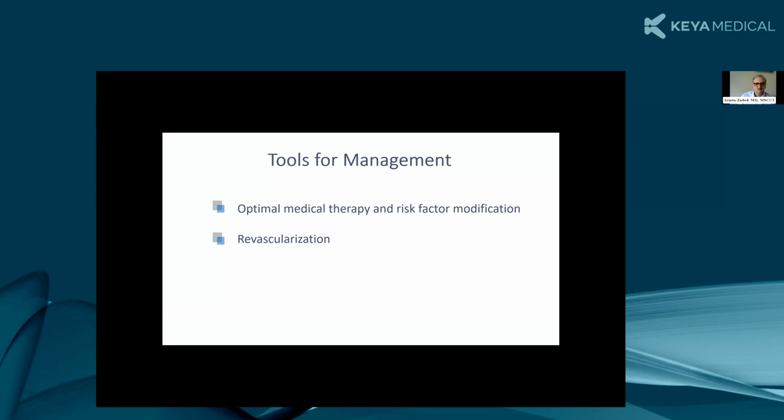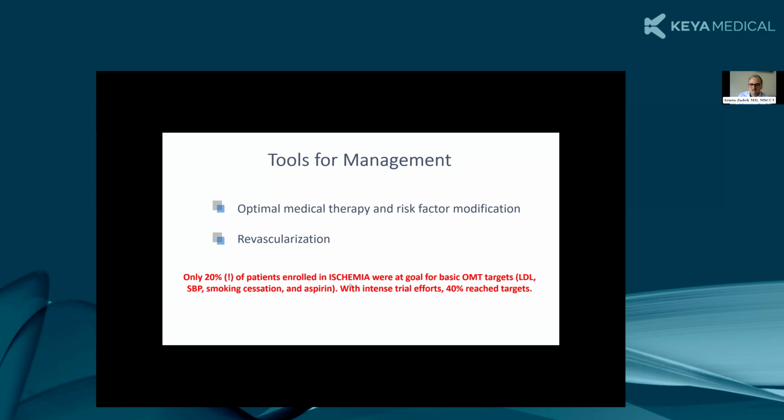Now, at this point, I want to point out that we are still not even doing well in terms of what we can do at this point. So I always like to highlight that in the ISCHEMIA trial, only 20% of patients enrolled at the beginning were at target for very basic optimal medical therapy targets, which is LDL control, blood pressure, smoking cessation, and aspirin.